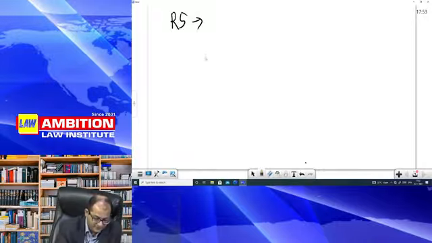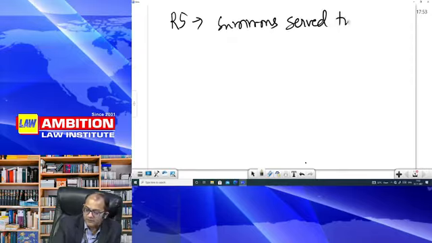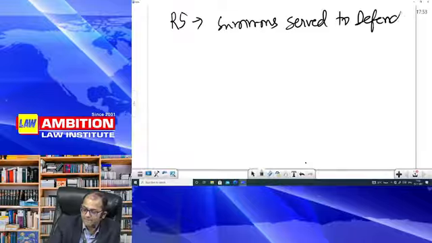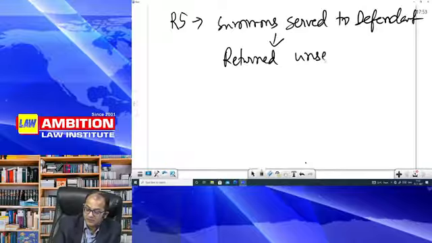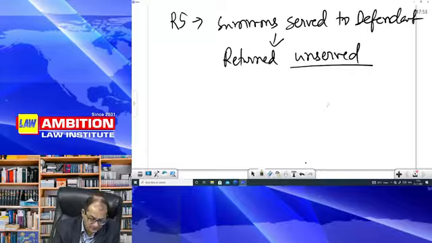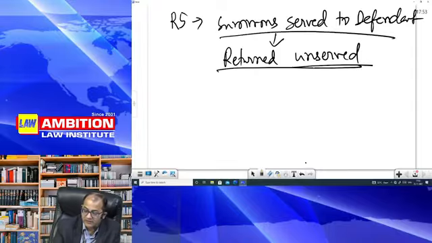Rule 5 says, where after a summons has been issued to the defendant and returned unserved, so when it returns unserved, it is the plaintiff's duty.